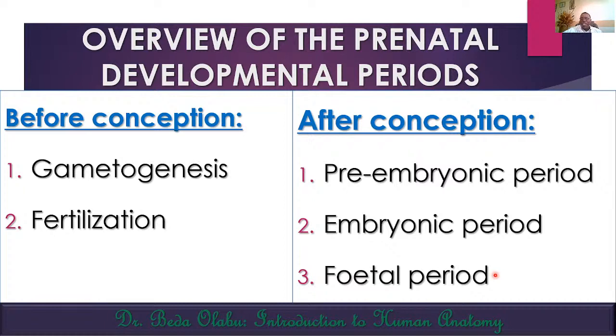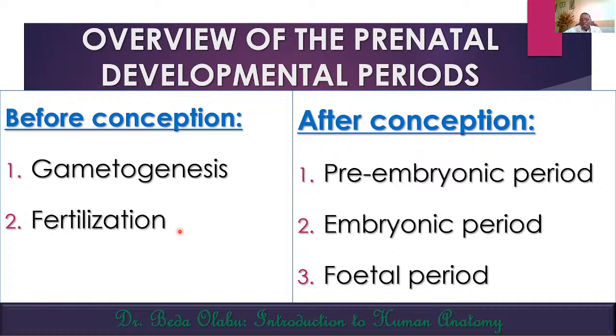Around the time of ovulation is the time around which conception will also take place. That means there is a period of about 2 weeks between the day that the woman starts to see her menstrual flow and the day that she actually conceives.